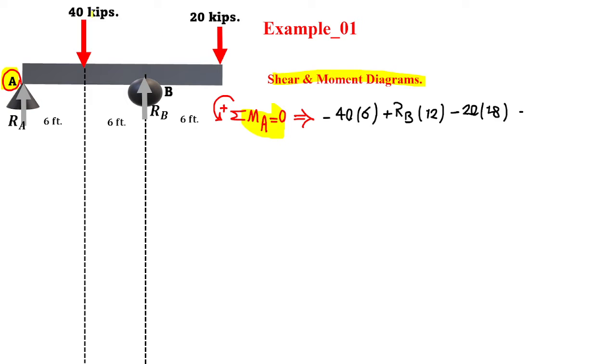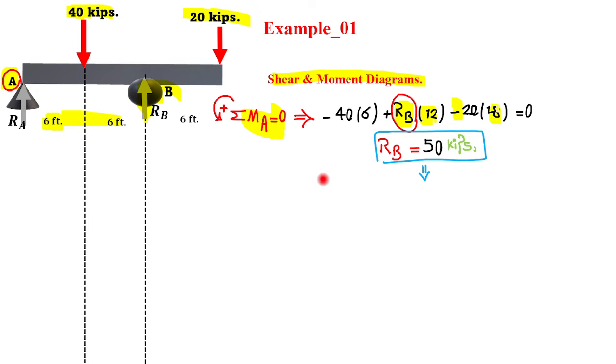That gives us negative 40 times a distance of 6 inches, plus RB times 12, minus 20 times 18, that's 6 times 3, which is 18. That gives us RB equal to 50 kips. Then the summation of forces in the y direction should be 0: 60 minus 50 gives us RA equal to 10 kips.